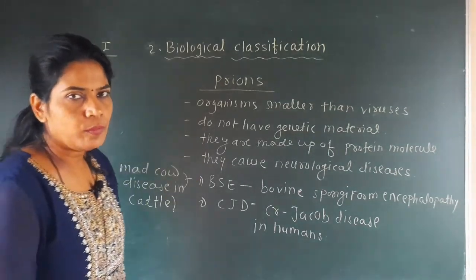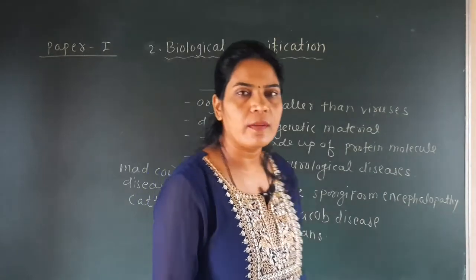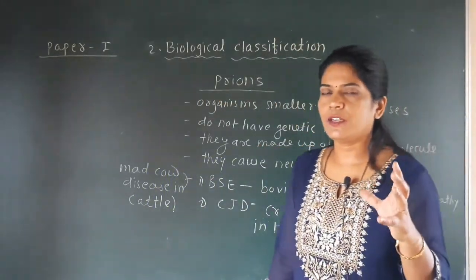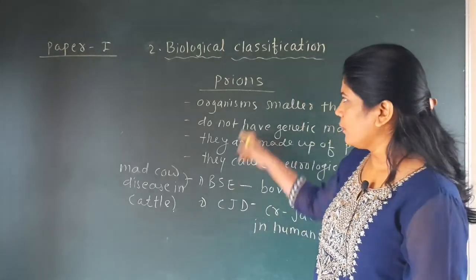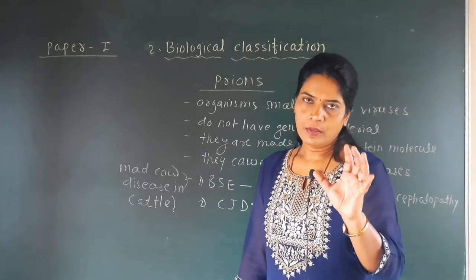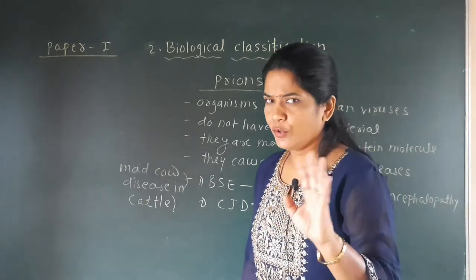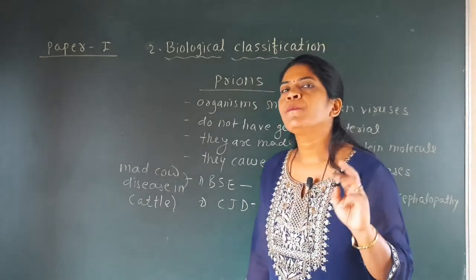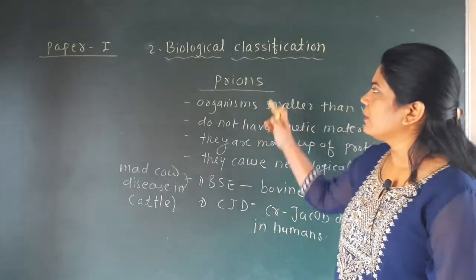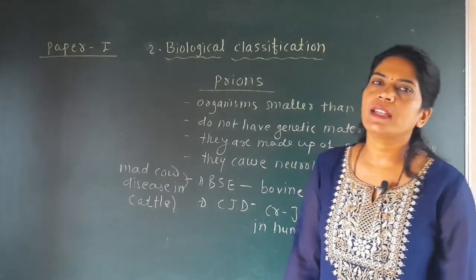In all books of NCERT, the prion term is not given. If you have the new edition of the NCERT book, you will get the information about the prion. If you have the old book of NCERT, you will get only information up to the virus, viroids and lichen. But prion is another term given in our NCERT book.